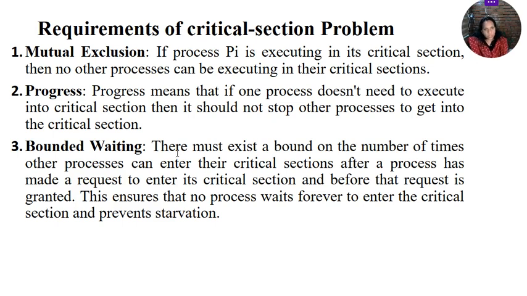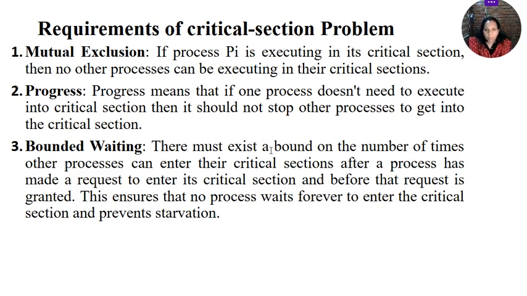Requirements of the critical section problem. What are the requirements? One is mutual exclusion, next is progress, and then bounded waiting. Mutual exclusion means that if process Pi is executing in its critical section, then no other process can be executing in it. Progress means that if one process doesn't need to execute in the critical section, then it should not stop other processes from getting in. If one is not entering, let the other one enter and execute.